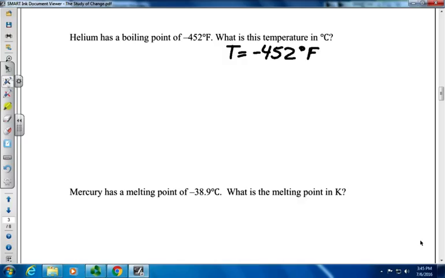So if you recall, the 5 is going to be associated with the degrees Celsius, and the 9 is associated with degrees Fahrenheit. So we need to get our Celsius up at the top so that we can convert to it. 5 degrees Celsius over 9 degrees Fahrenheit times the quantity of degrees Fahrenheit minus 32.